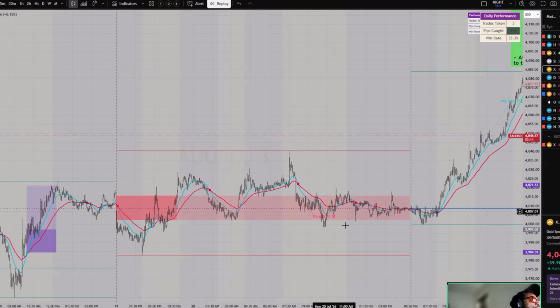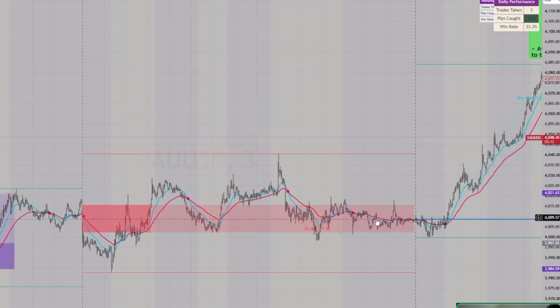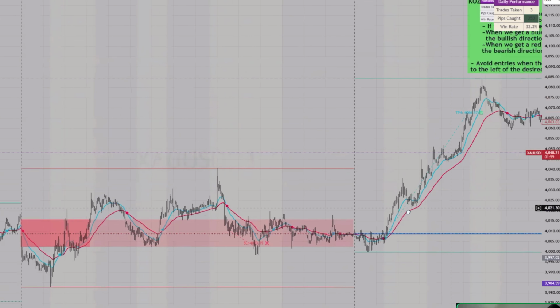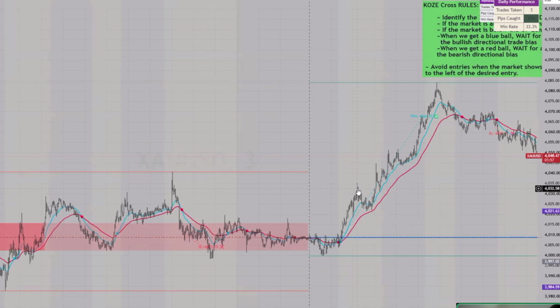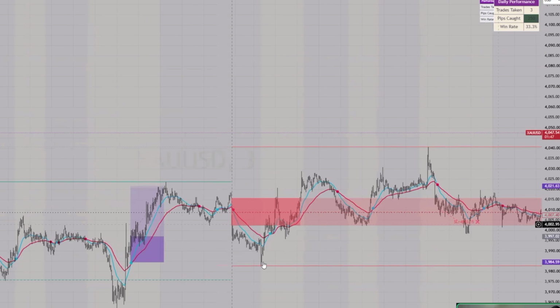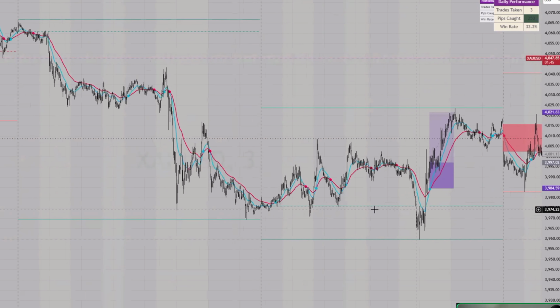So, example, over here where we were getting all of these buy signals called out, but we look to the left and it's just a bunch of choppy movements. We're not getting into any of these buy signals or sell signals, right? We didn't even get into this one. Why? Because it was still choppy to the left. But once we did break above and we're able to say retest this area and we can clearly see that, hey, we are breaking resistance, we can then get in for our buys, right? So all that's saying is we want to wait for clean price action to the left.